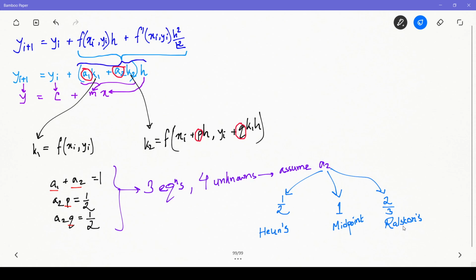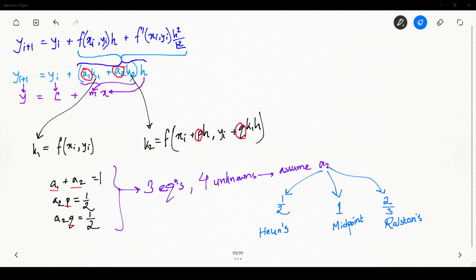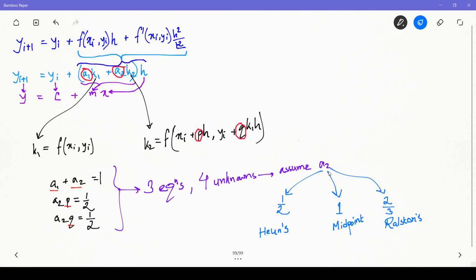We'll compare these three approaches for a particular example in a bit, but for now, just understand that there are three approaches of assuming the value of a2. In Heun's approach, we consider it to be half. In the midpoint method, we consider it to be one, and in Ralston's method, we consider it to be 2/3.